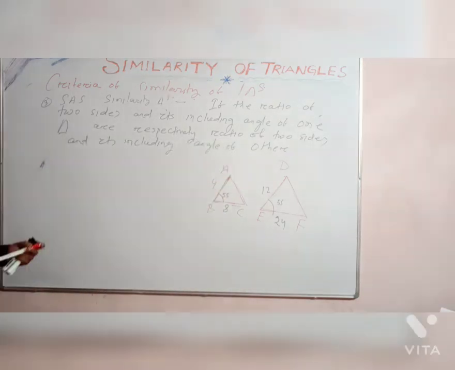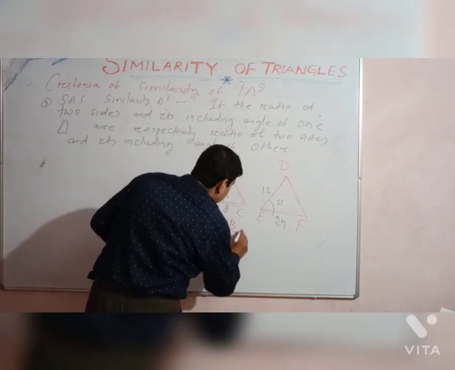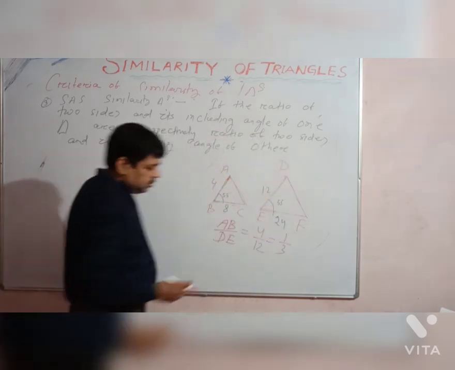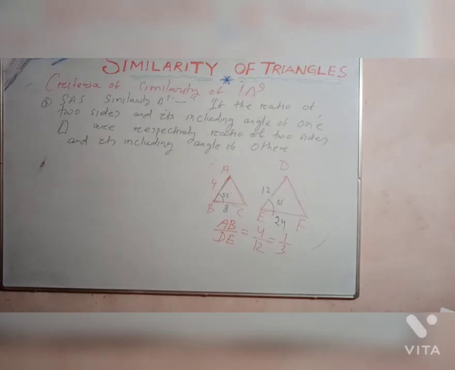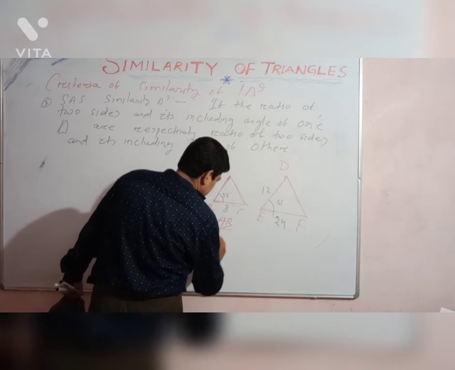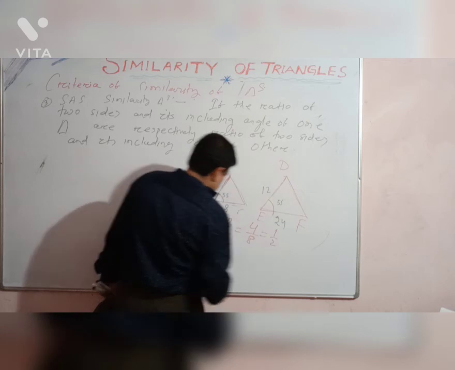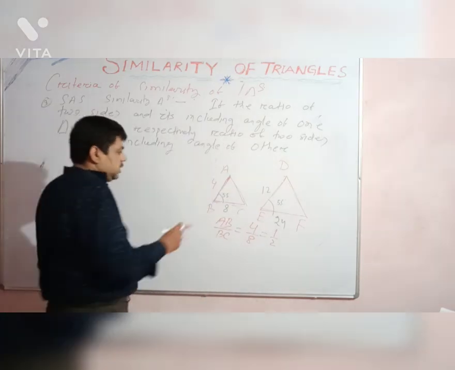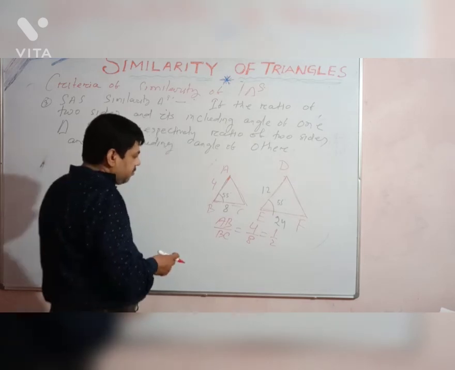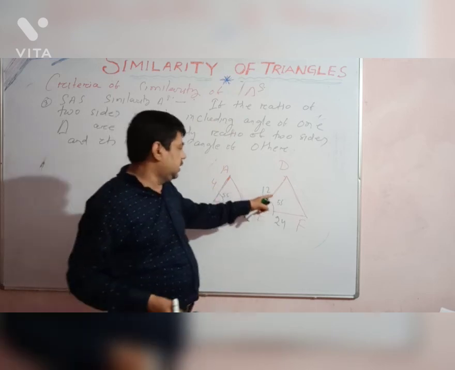Look at it. Suppose I write AB upon DE. What is the value? 4 by 12, which is 1 by 3. AB by BC we can write, the ratio of the two sides. Look here, we can write similarly AB by BC is equal to 4 by 8, 1 by 2. And BC by EF is also, you see, so AB by DE is equal to BC by EF.